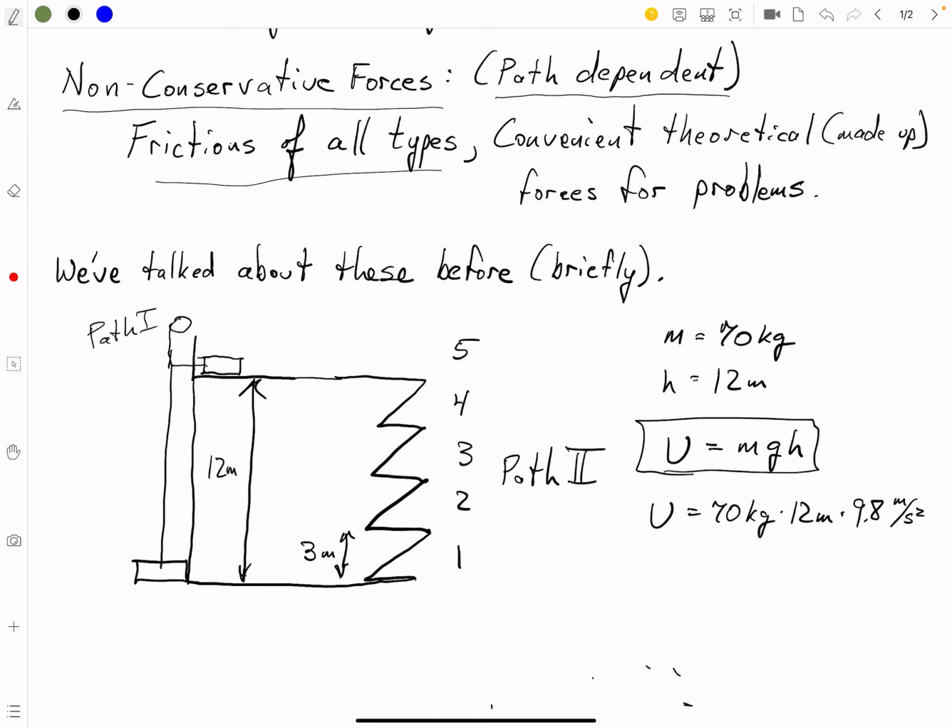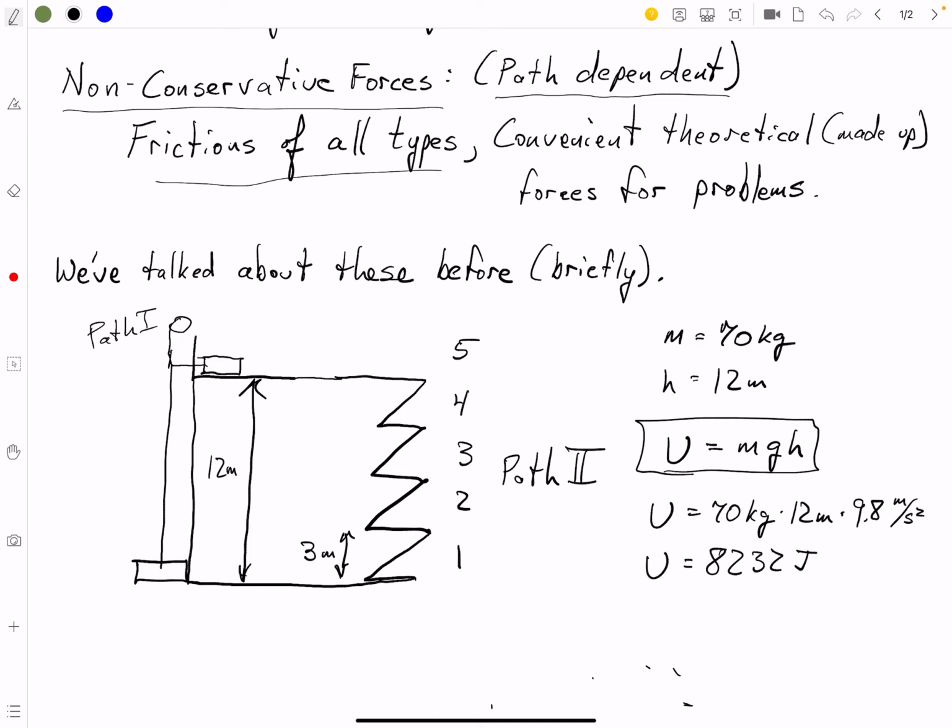And that's going to end up giving us joules. So our total potential energy is 8232 joules.